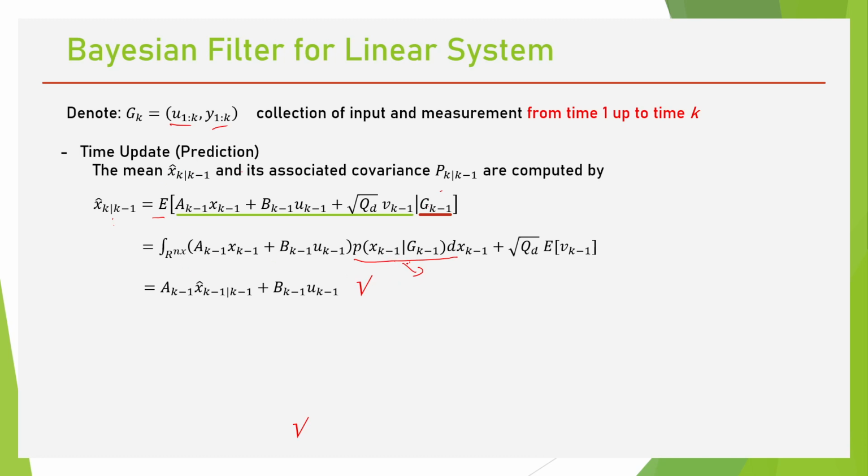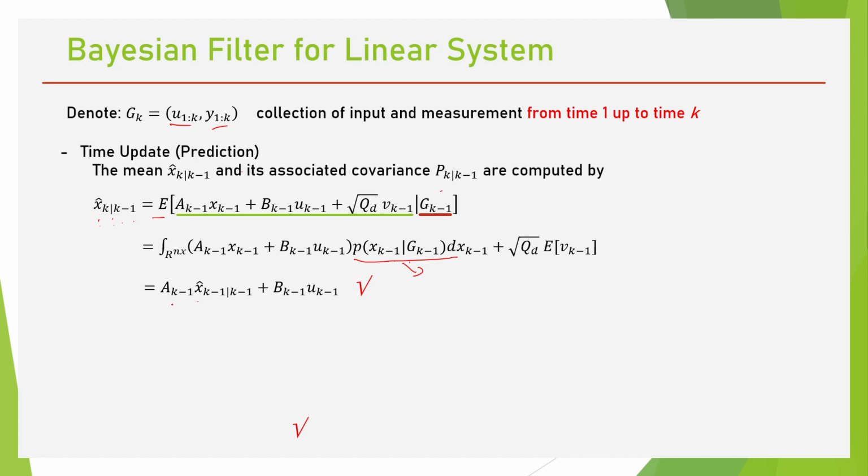The priori is obtained from the previous time step. So you can forget these two lines, and just say: expectation of h at time k given measurement up to time k minus 1.